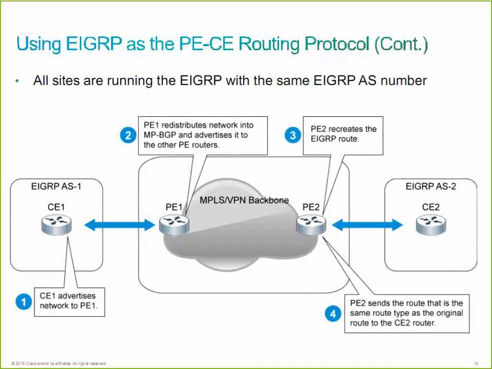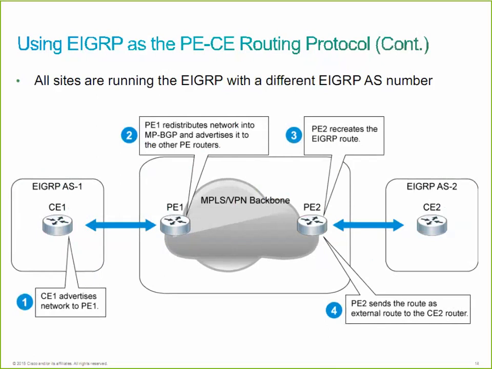But now we're looking at a scenario where we're running multiple autonomous systems. In the previous scenario, we were running multiple autonomous systems, but let's take a look at what happens if some sites are not running, say, EIGRP. Maybe I have a site running OSPF instead, okay?